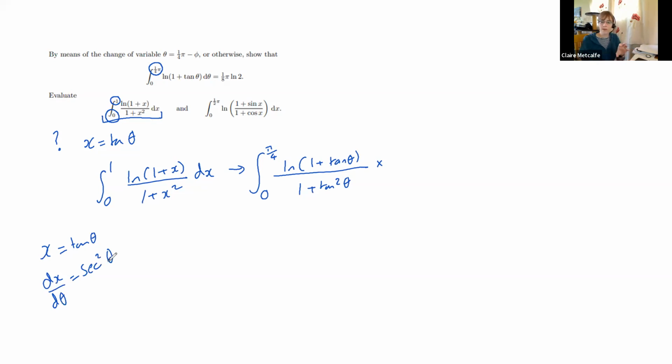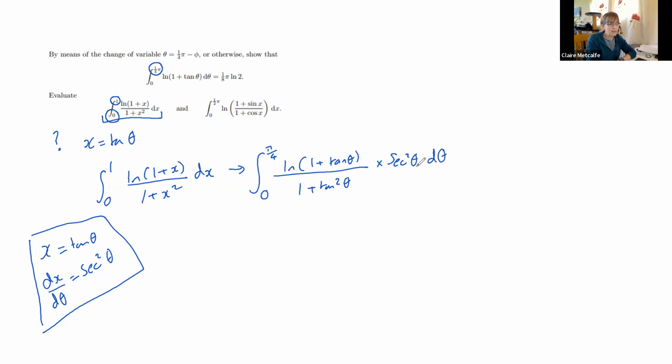Now, if you can't remember that one, it's a really useful one to just be able to write down, but you can use the quotient rule on sine theta over cos theta. This is really, really useful to know. So this is going to be multiplied by sec squared theta d theta.